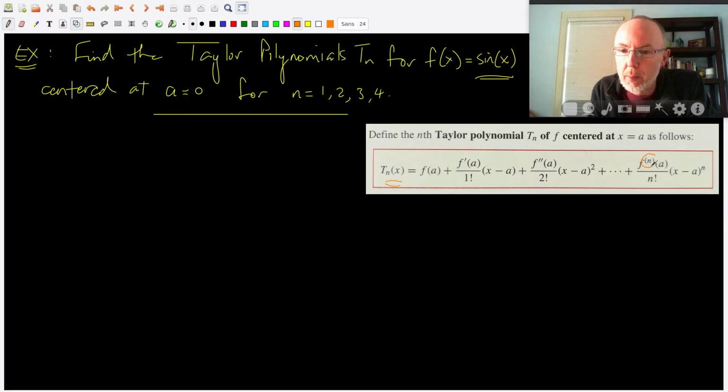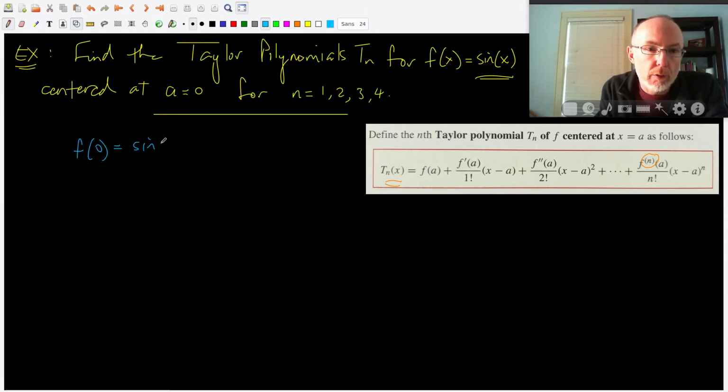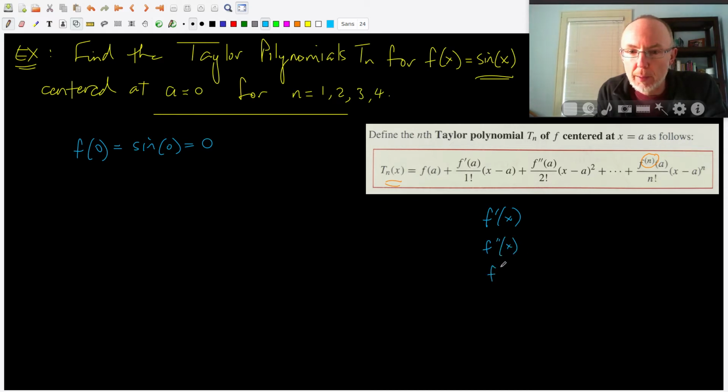Well, if we're doing up to n equals 4, up to the fourth derivative of the original function. And so calculating those, f of 0 is the first thing we need. So f of 0 is just sine of 0, and that's 0. Right? But we also need to calculate some other things. We need f prime, we need f double prime, we need f triple prime, and we need the fourth derivative, which we can write as f4.